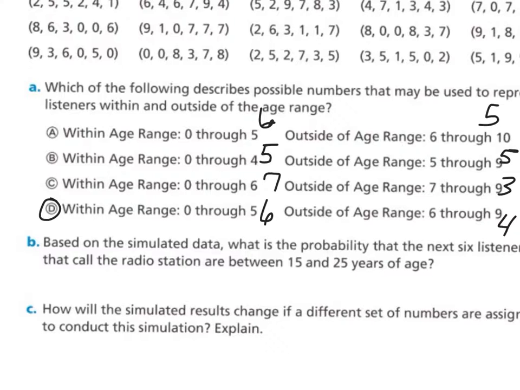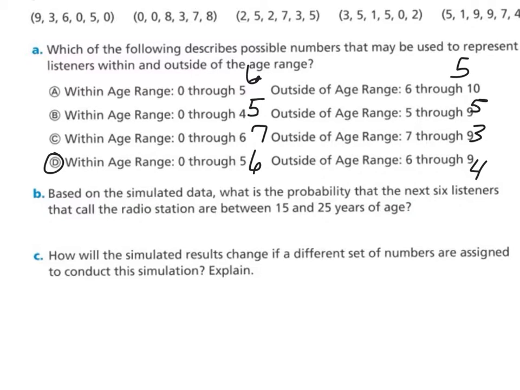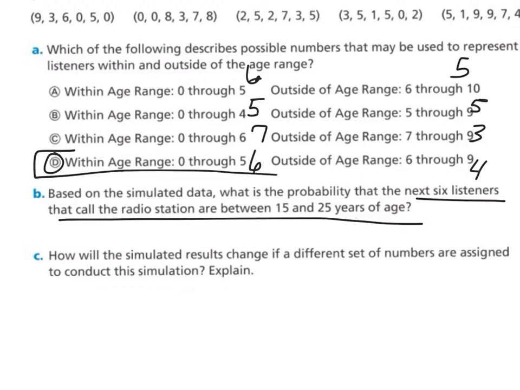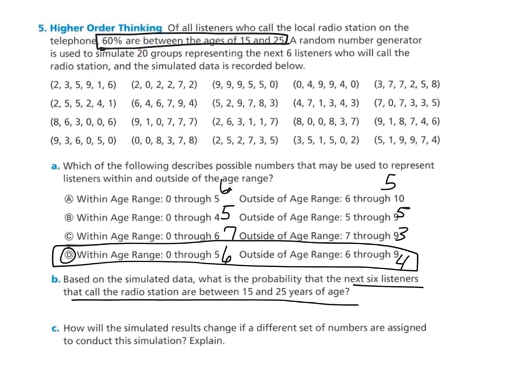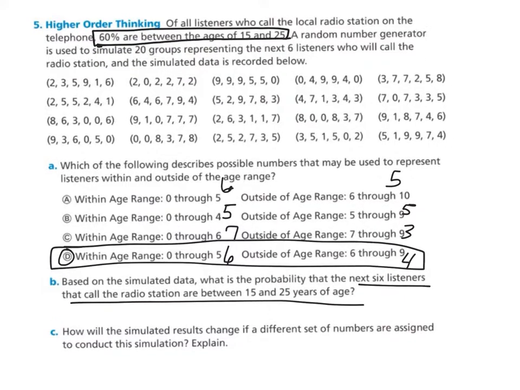And then part B, based on the simulated data, what is the probability the next 6 listeners that call are between 15 and 25? So if this is what we chose as our simulation, basically we're saying all of the numbers have to be between 0 and 5. So if we go back up and look at all these, they've got quite a list here.